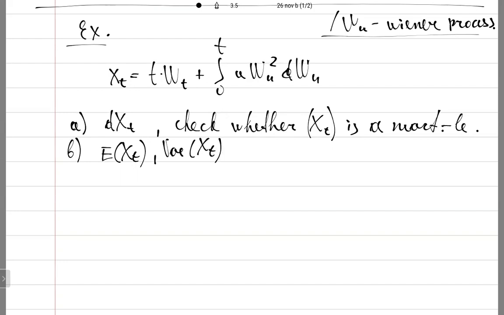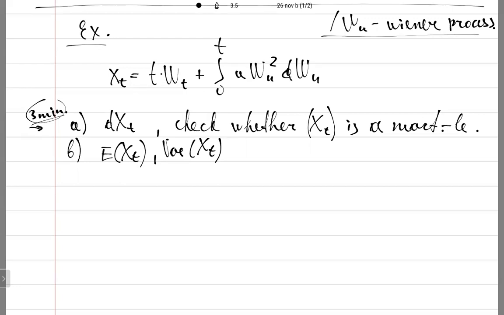So let's start. I give you 3 minutes to solve the first one, and then we will discuss. You will need basically to understand what a shorthand notation is and to apply the simplest Ito's lemma.